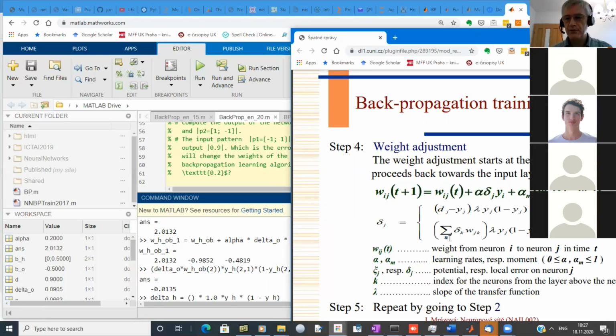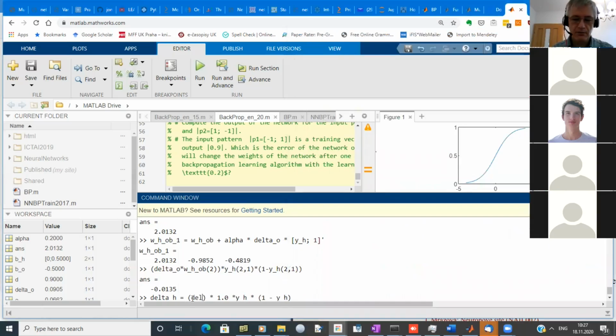So if we do not put it in general form, then here it should be delta O times the weight from output and bias. Is this all incorrect?